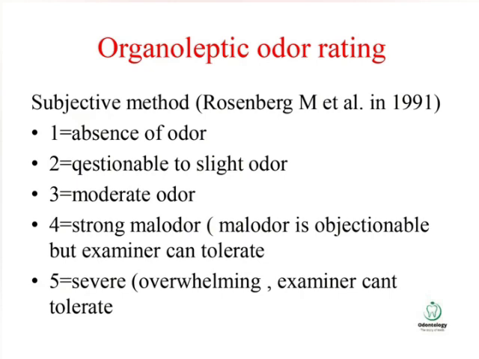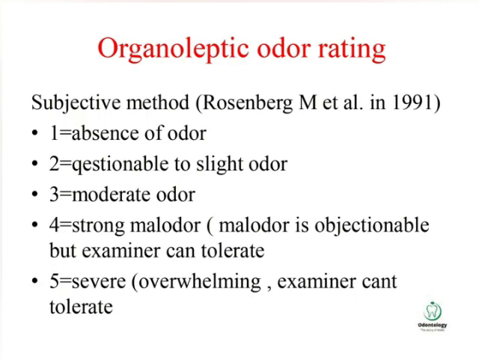Next, organoleptic odor rating method. In this, the examiner will stand in front of the person who is having halitosis and ask him to close his mouth for at least 1 or 2 minutes. Then ask the patient to hold his breath for 15 seconds and after that ask the patient to open his mouth widely so that the examiner can give a subjective scoring.